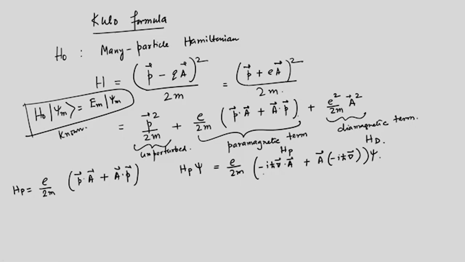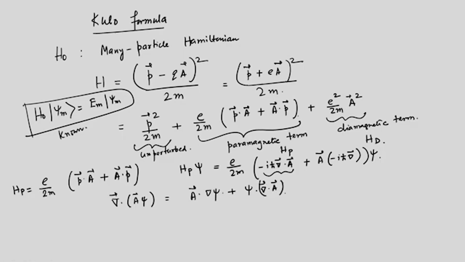Okay. So, look at this term. This term actually looks like del and A psi, where A is the vector potential. So, this is like A dot del psi plus psi del dot A. Okay. So, there are these two terms that are present.